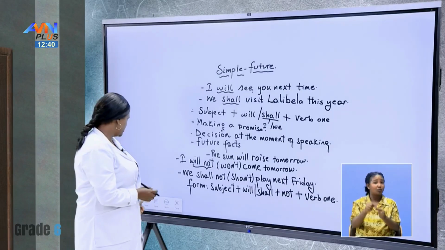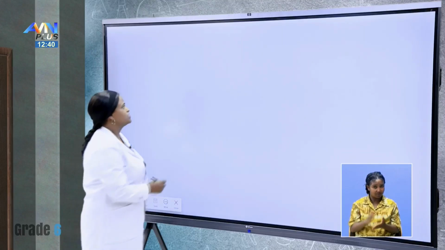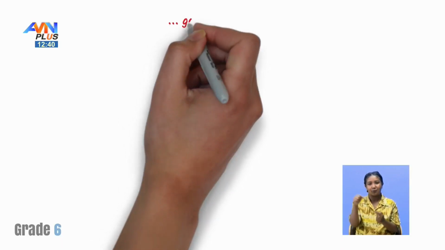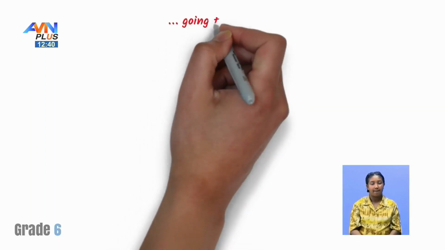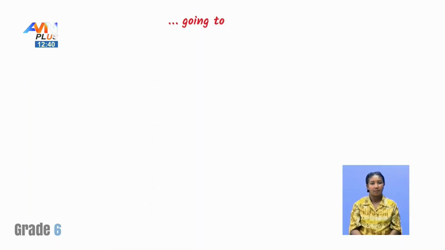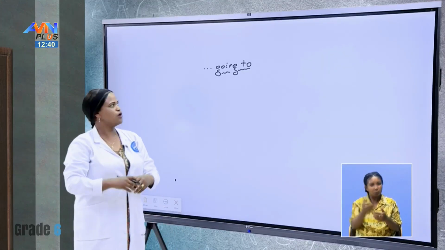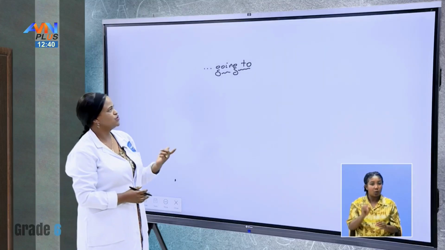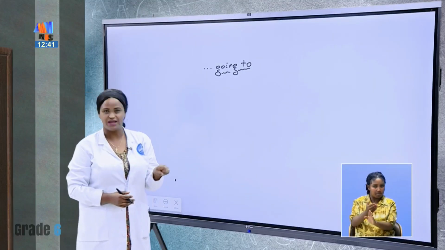Have you ever heard about going to used for the future? Yes? Going to. When we say going to, we don't simply say I going to, he going to, she going to. No. When you are saying going to, we use the present auxiliaries before going. Okay?